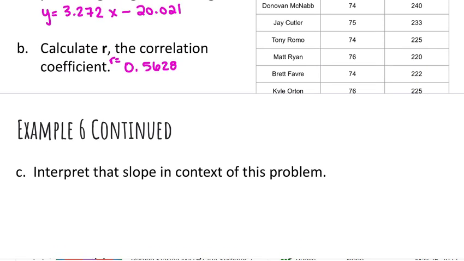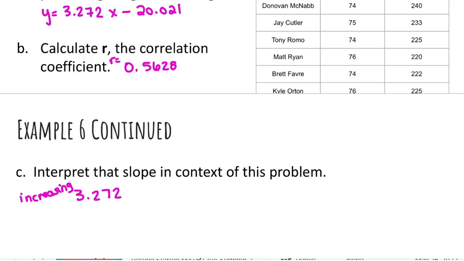So it says interpret the slope. So which number is the slope? The slope, you will recall, is the number in front of x. So that's 3.272x. It's positive, so it's increasing. If it's positive, it's increasing. If it's negative, it's decreasing. And again, it's the rate of change. It's showing how it's changing.